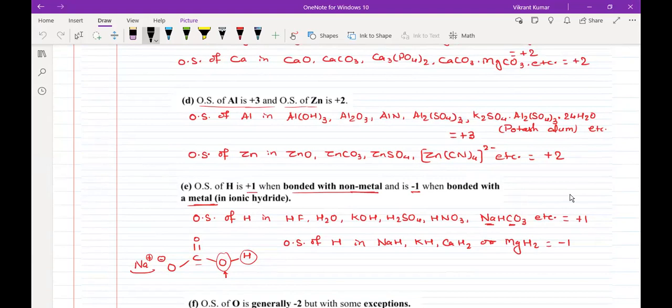If it is bonded with a non-metal, then we say H will be +1, like in HCl: Cl will be -1, H will be +1. But if I am having NaH, then H will be -1, Na will be +1. Okay.